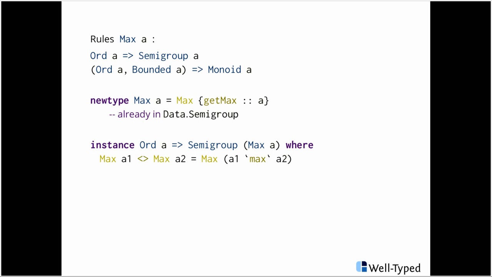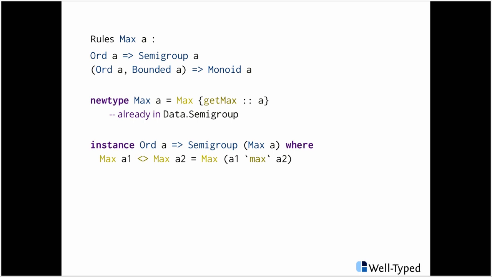And then you define instances matching the rules, but for this new type. Right? So you're saying, whenever I have an Ord instance, I can turn it into a Semigroup instance for Max of A. And then you write the rule down, and it looks very natural, except for the mildly annoying fact that you have to wrap and unwrap this Max constructor here.